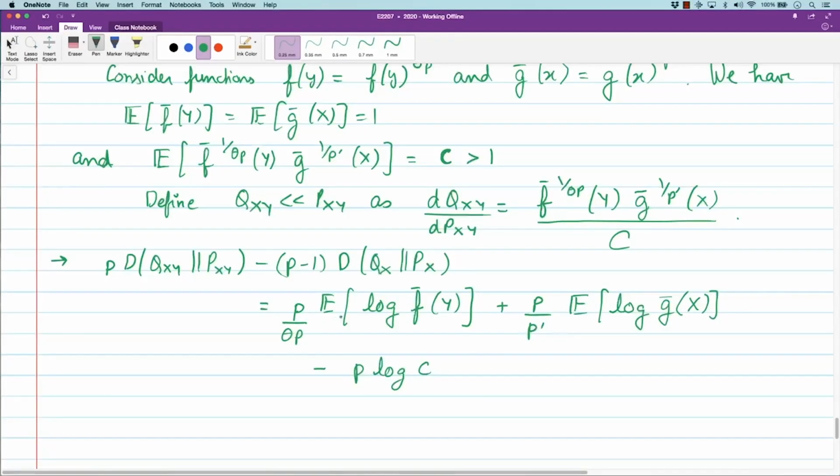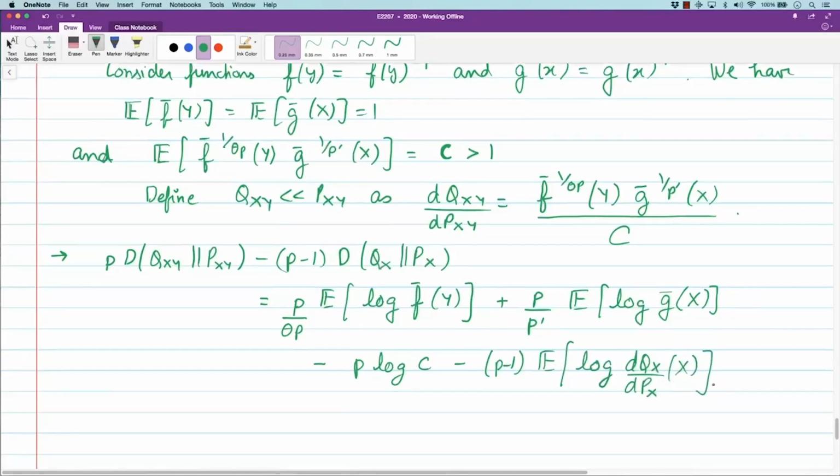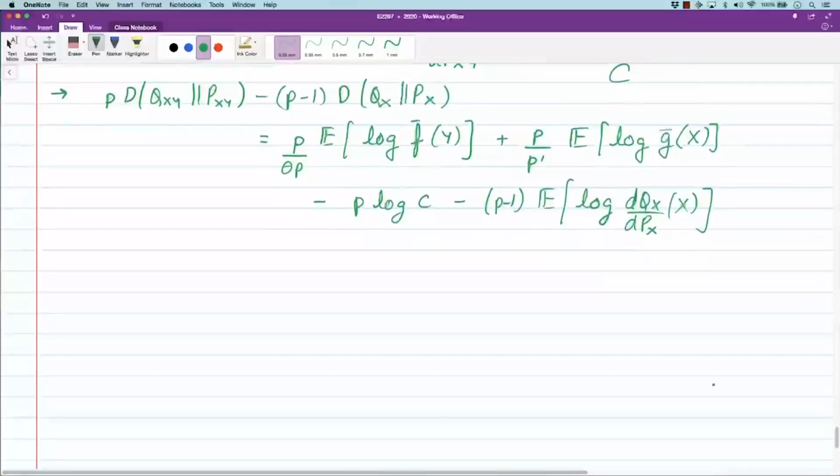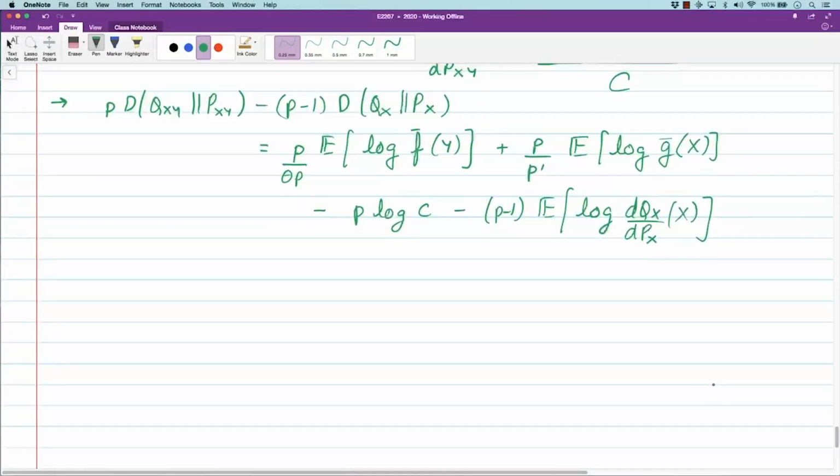And this expectation is with respect to P, of course. When we don't write anything, the expectation is with respect to P. That's the bigger probability measure. And now minus (p minus 1) times the expected value of log dQ_X by dP_X. Okay.